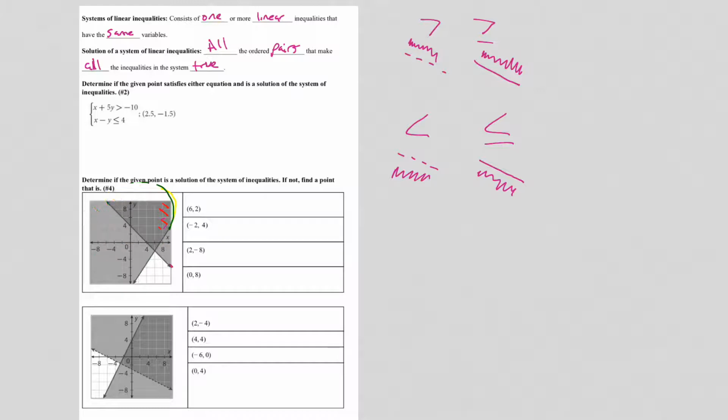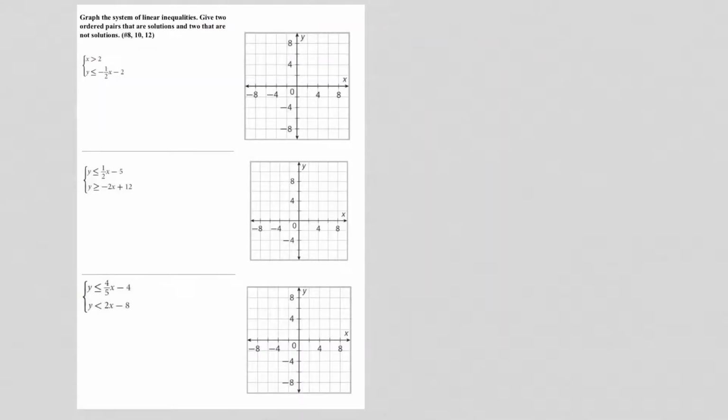Essentially, we're talking about this region right here. Satisfies both conditions. And 6, 2 is right in there. So yes, right? Determine if a given point is a solution. In this case, 6, 2 certainly is.